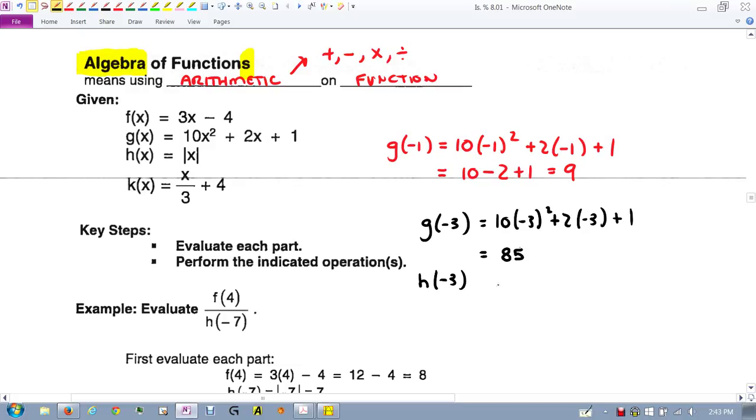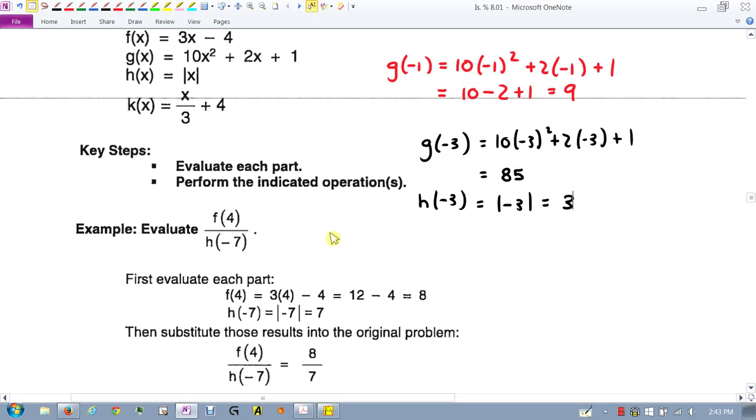What's h of negative 3? What do those 2 bars mean again? Those 2 bars? Absolute value. That just spits out the positive of whatever's plugged in. So if I plug in negative 3, the absolute value of negative 3 is just positive 3. All right, so that's my scratch work.